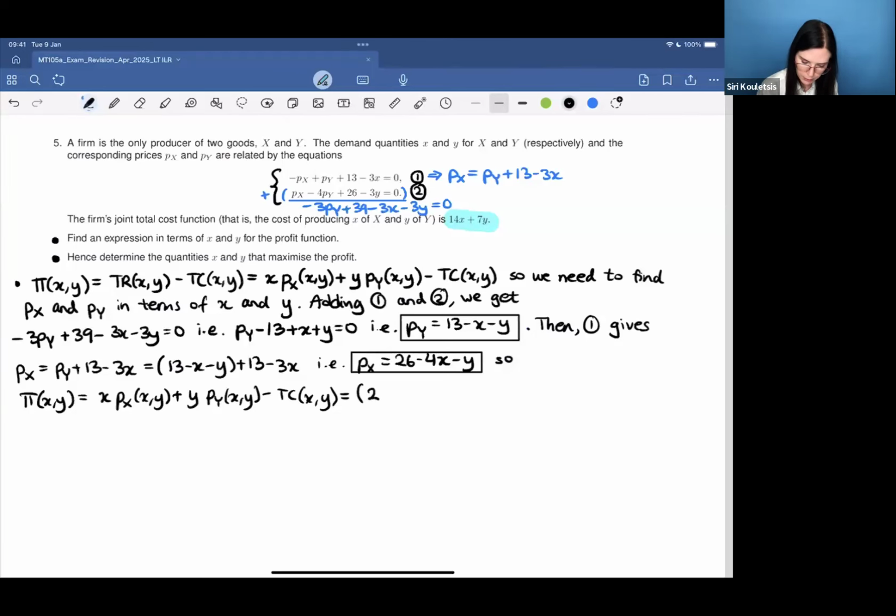And now let me directly then multiply px by x, py by y, and then deduct the cost function which we were given in the question.